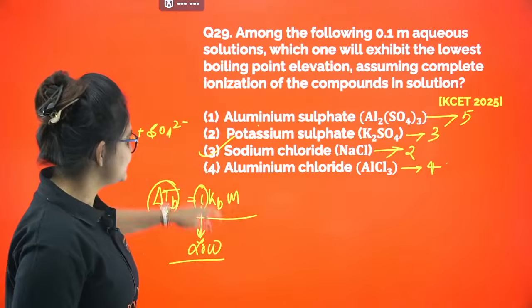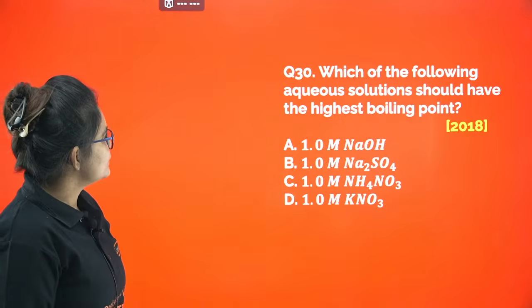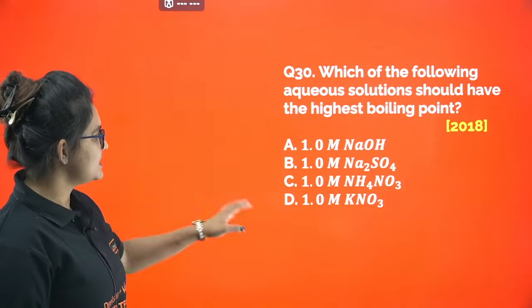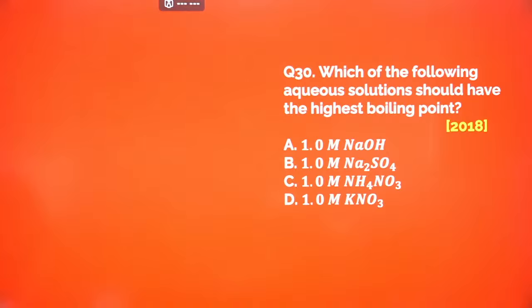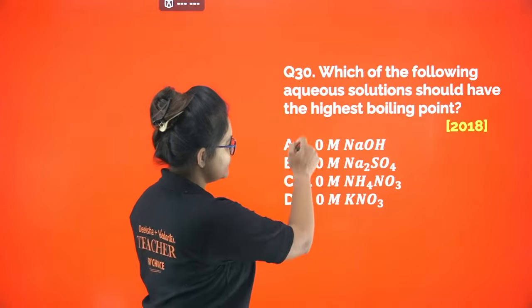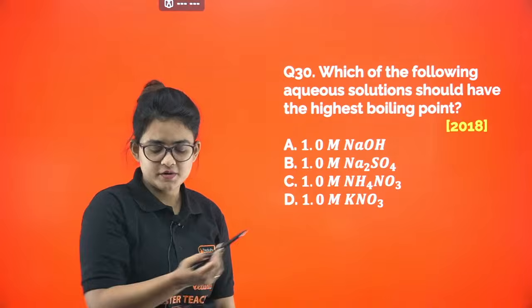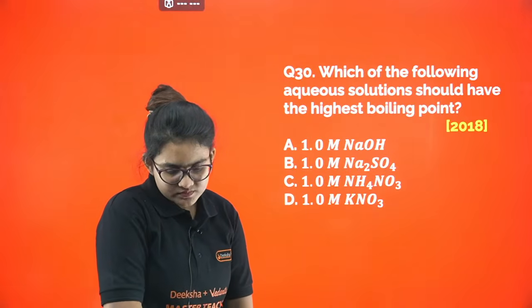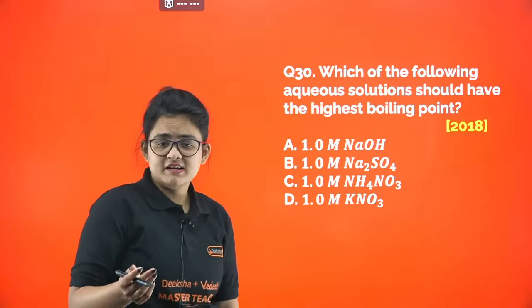So yes, let's proceed. Which of the following aqueous solutions should have the highest boiling point? Again you can see the same type of problem. Just a minute. For those particular cases, you can see the molarity is the same, 1.0 molar. So again I will just calculate the I value.